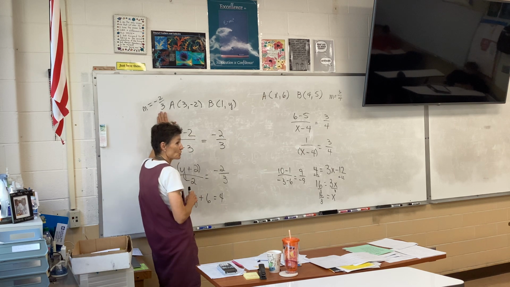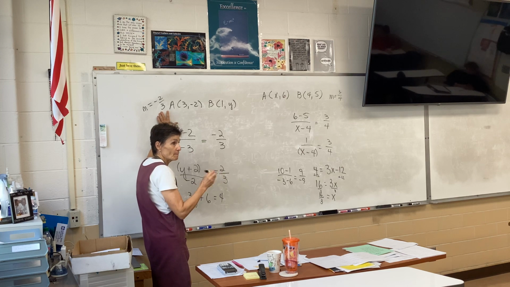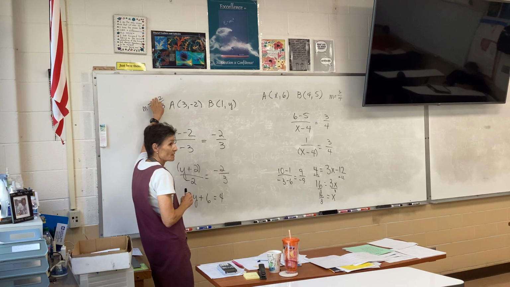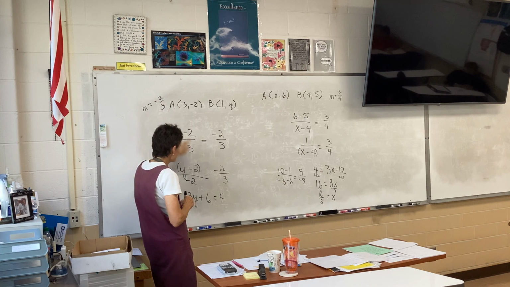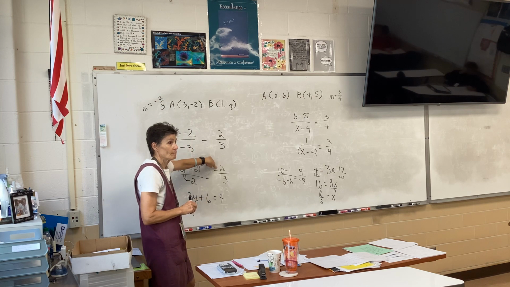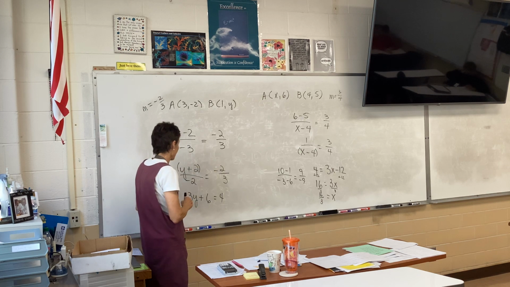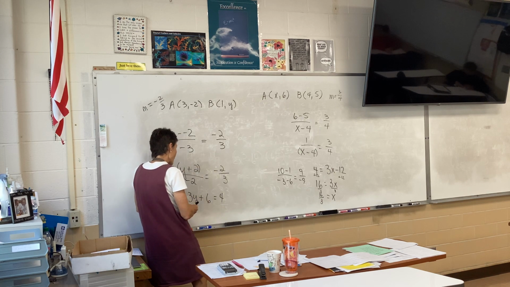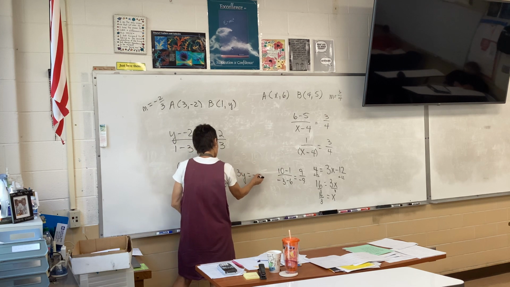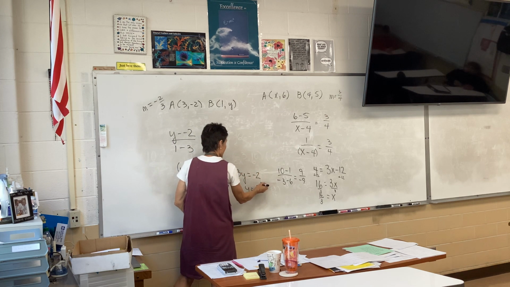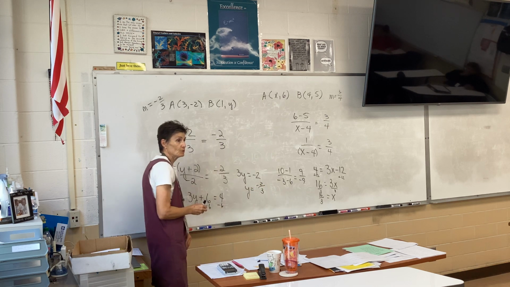Remember, when the fraction is -2/3, you can put the negative on the top or the bottom, but not both. So I chose to put my negative on my 2. All right, so then I'll subtract 6. So 3y is -2, and actually y ends up equaling -2/3.